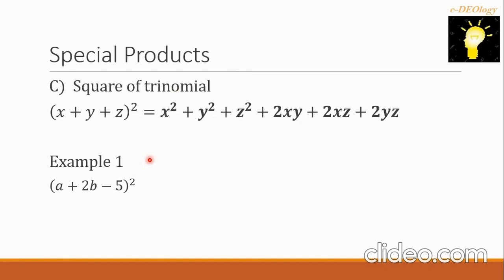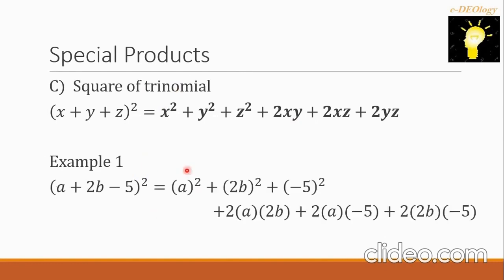A plus 2b minus 5 all raised to 2. So as per our special product, we're going to square each term of this trinomial. So you see here, the a is squared. The 2b is also squared here. The negative 5 is also squared. So this comprises our first group.